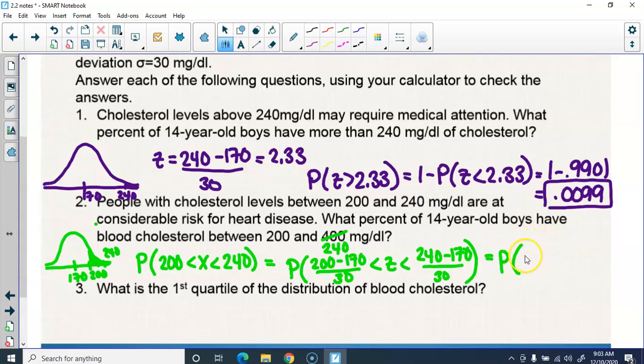And those z's are 1, and we already did the 2.33.